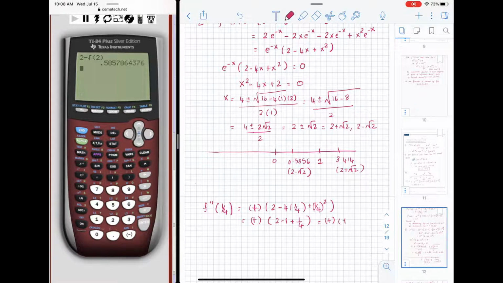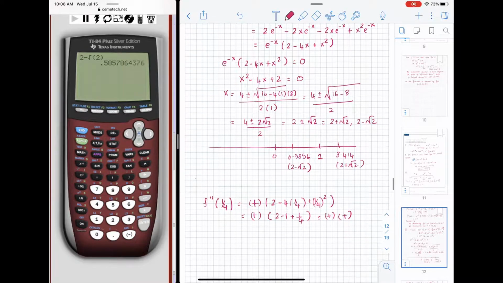So we have positive times positive, so on the interval negative infinity all the way up to 2 minus root 2, we have a positive number, so we have positive there. Between 0.586 and 3.414, we need an easy number.